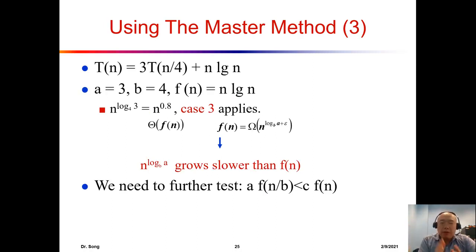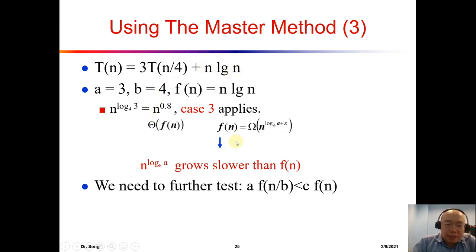Okay, so let's move on and see the third problem. For the third problem, again, we want to figure out what are a, b, and f(n). So a is 3, okay, good, and b is 4, that's also good, and f(n) is n log n. Okay, so let's see what n to the log_b a is. n to the log_b a will give you n to the power 0.8, and for this one, this is n log n.